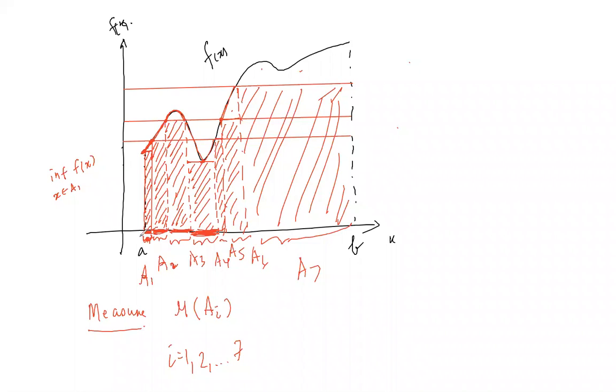And the height will be basically this one, yeah. The infimum of f. So over here, I'm going to use a slightly different notation. So I'm going to put omega here. So omega is in A_i, okay?